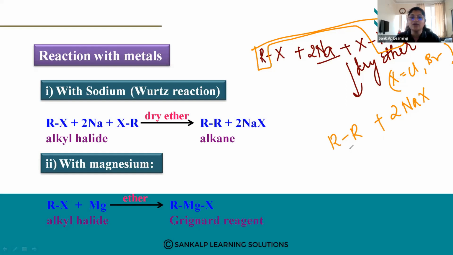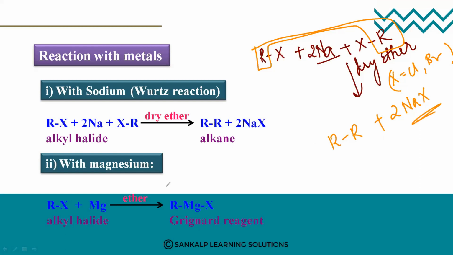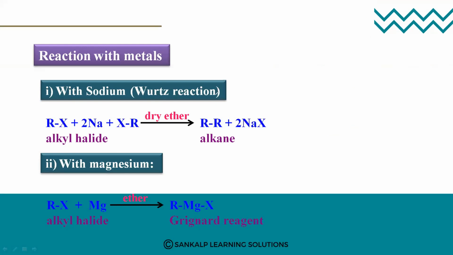So Wurtz reaction is where two molecules of alkyl halide are treated with sodium in the presence of dry ether to give a higher alkane, and sodium halide is the side product. So this is the first reaction with a metal, that is, sodium metal. Then the second is with magnesium.